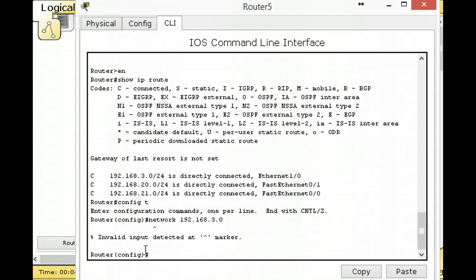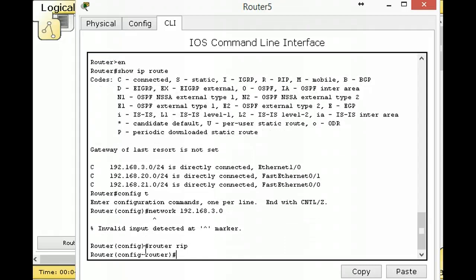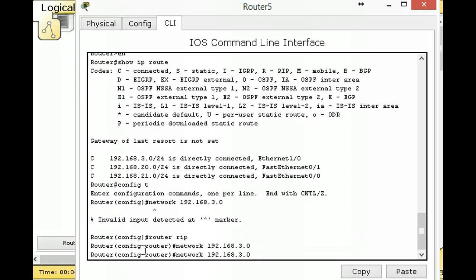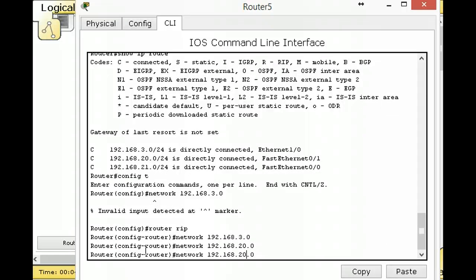I guess if we got into router RIP, it would work better, wouldn't it? Now, router RIP. So we're going to configure the router, and we'll do network 192.168.3 and 192.168.20 and the 21 network.